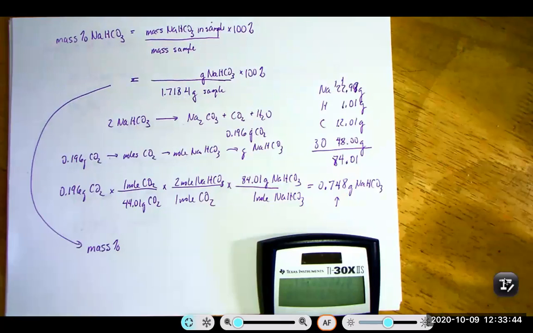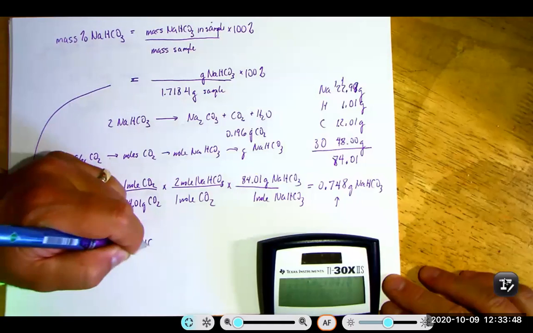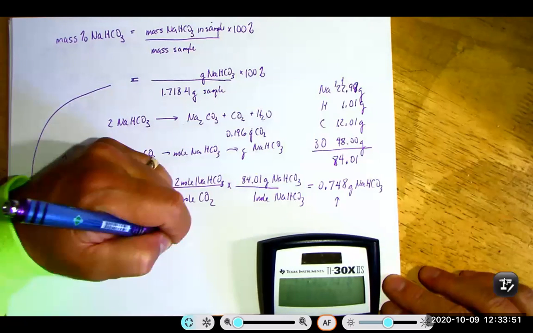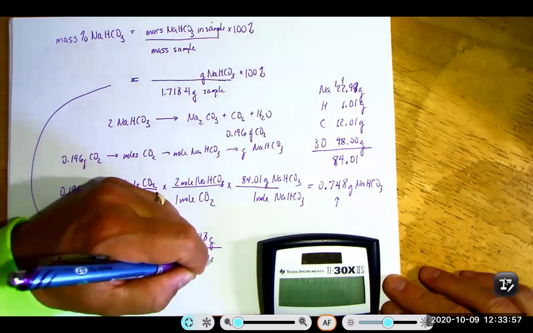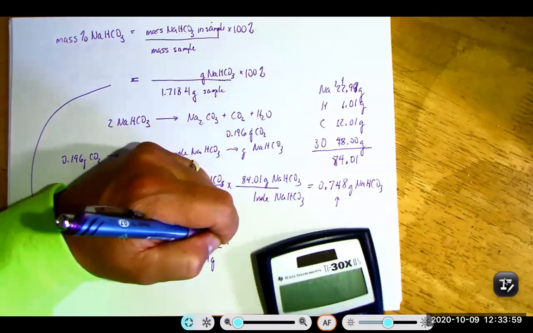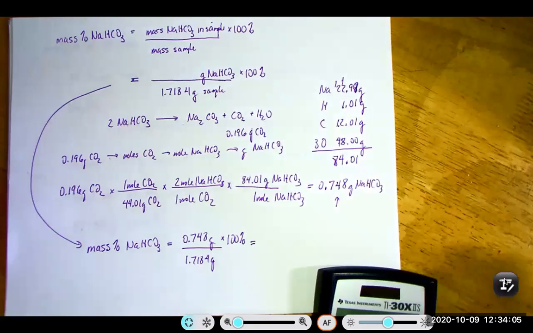So the mass percent sodium bicarbonate is going to be equal to that number, 0.748 grams over 1.7184 grams times 100%. And when you're estimating, you don't have to do anything really exactly. But can you see how 0.748 is less than half of that?